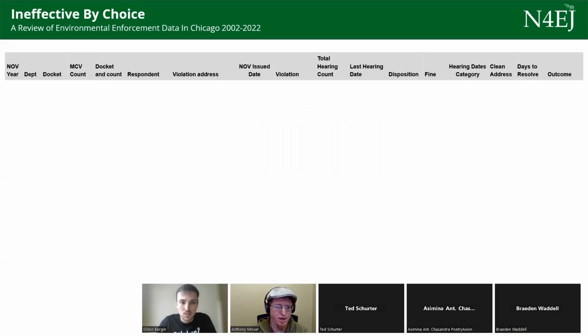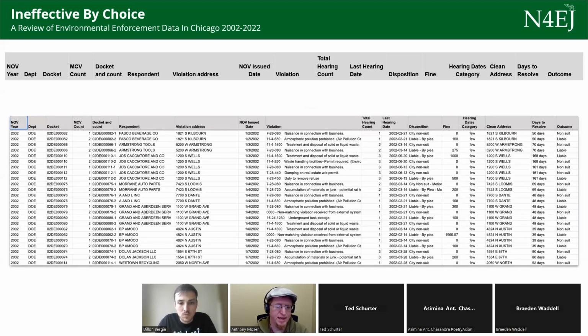And you can go ahead to the next slide, and you can see this is what it looked like when I was done with that process. I had 1 row for each thing that would tell me all these different kind of pieces about it. And I also kind of collapsed some of the categories they use where they might say liable by plea or liable by contested finding or not liable because of this or not liable because of that.